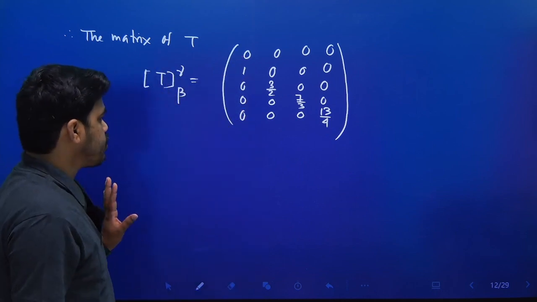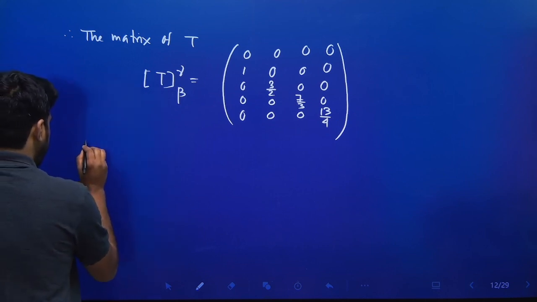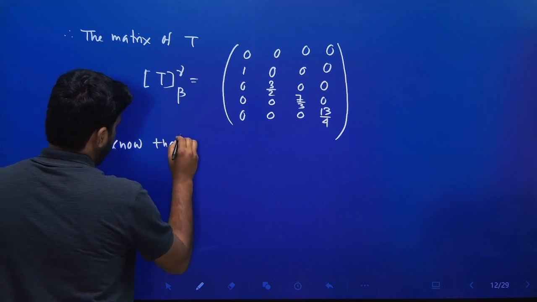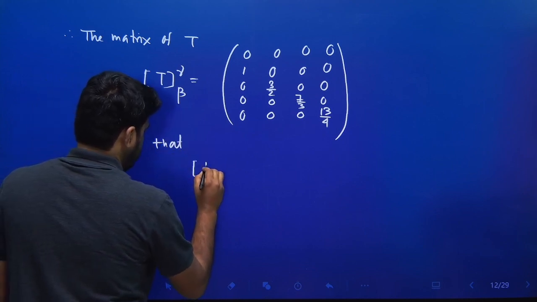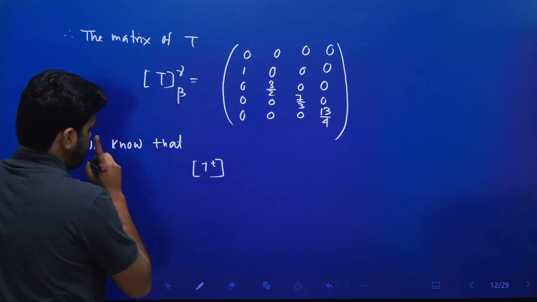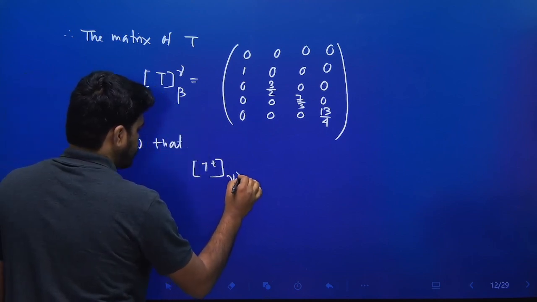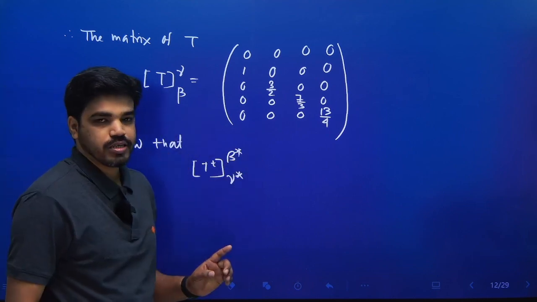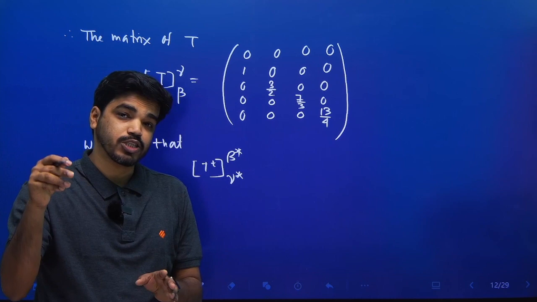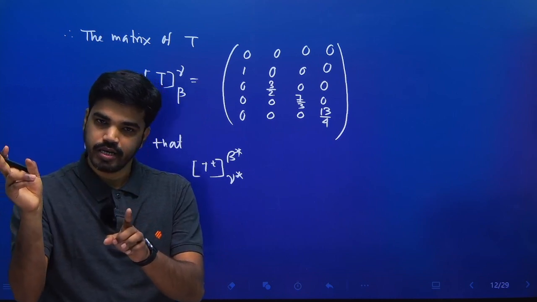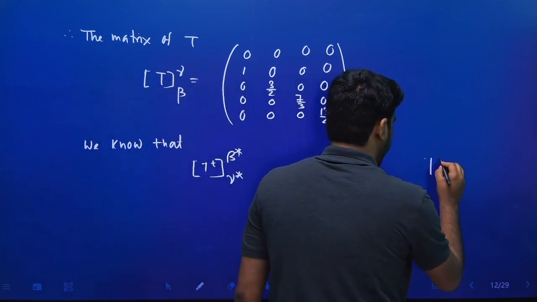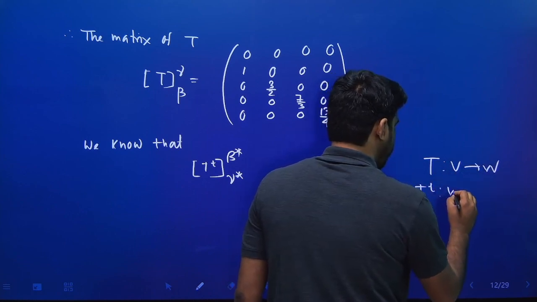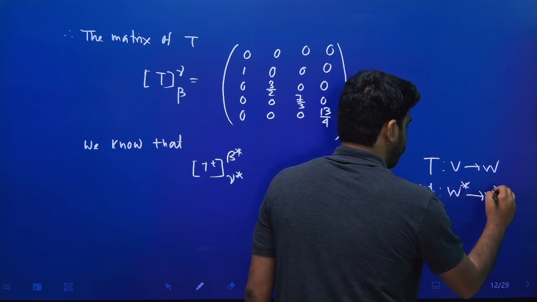Okay? So now we know that T transpose, right? T transpose goes from gamma star to beta star. Why does the change happen? If T is a mapping from V to W, then T transpose is a mapping from W star to V star.